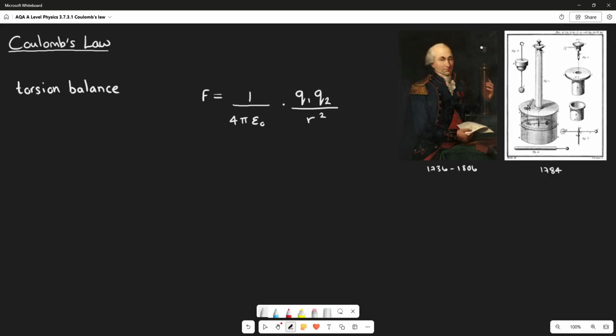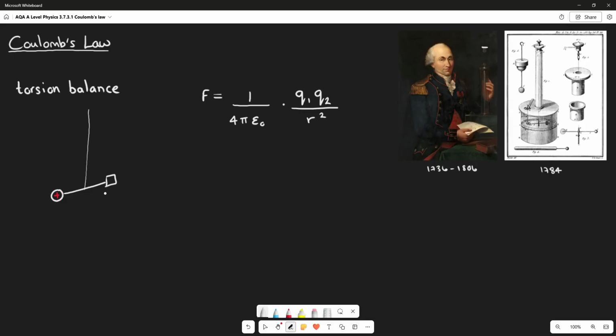In this image, we can see that he is holding the piece of equipment that he invented. And here is a schematic of that torsion balance. It works by hanging a bar with a charged object on one end and a countermass on the other by a long, thin piece of wire.